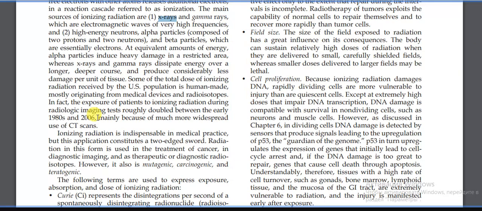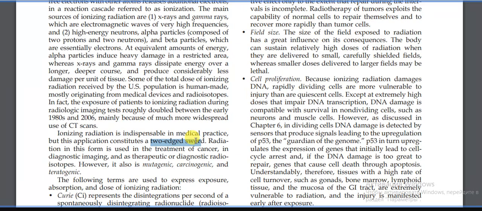So radiation is a two-edged sword, as shown here, and I can explain better. On one hand, we have better diagnostics due to radiation, and we also use a gamma knife to treat patients with tumors in a deep location. But on the other hand, we have increased radiation, which is also mutagenic and carcinogenic, and sometimes even teratogenic to the patients.